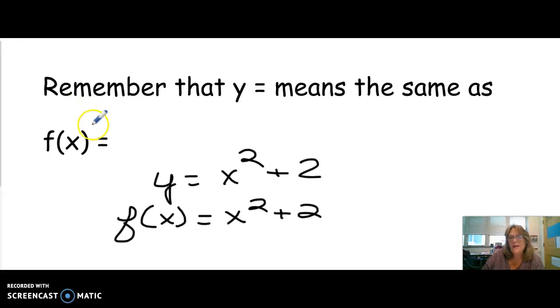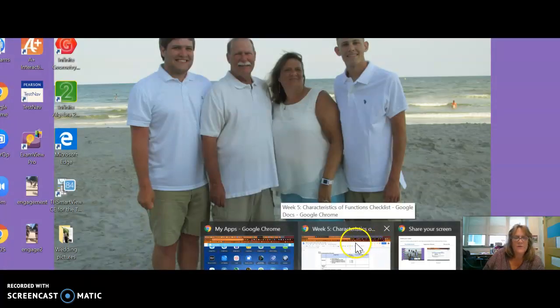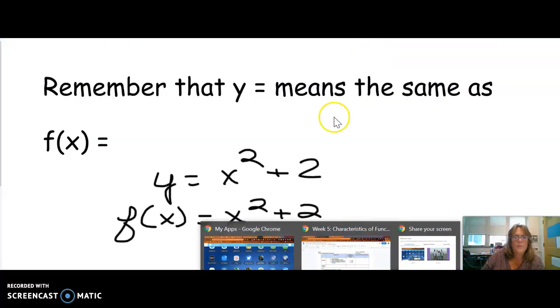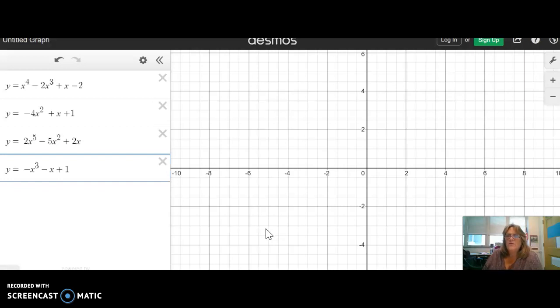So let's take a look at some Desmos. I've got some equations typed into Desmos, and I want to take a look at them to see exactly what's happening with the graphs.